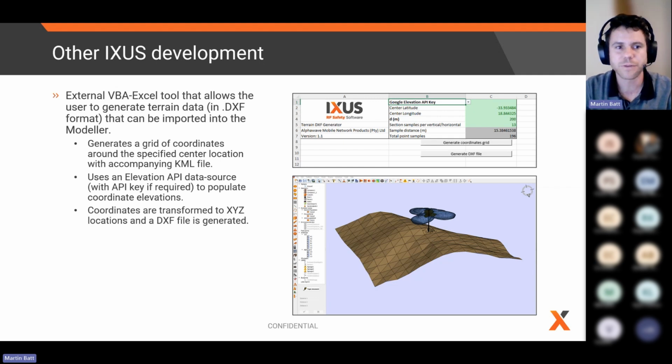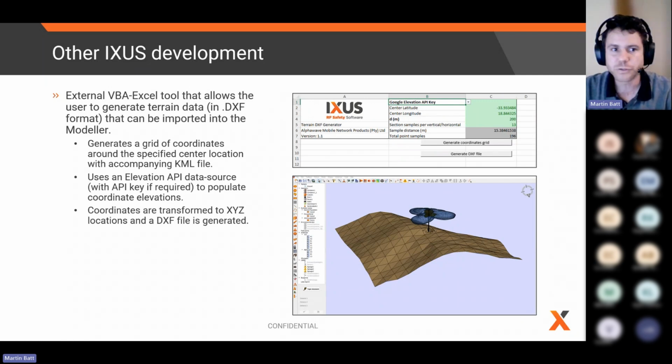separate file to the modeler or the manager, but essentially it allows you to, for example, as you can see on the right hand side, specify a certain center lat long, and then the area around that, or the size of the block around that lat long.